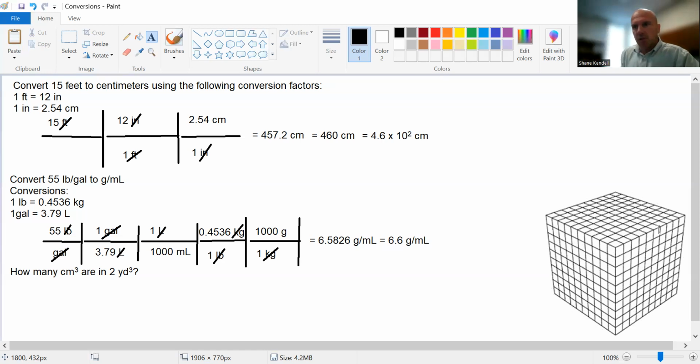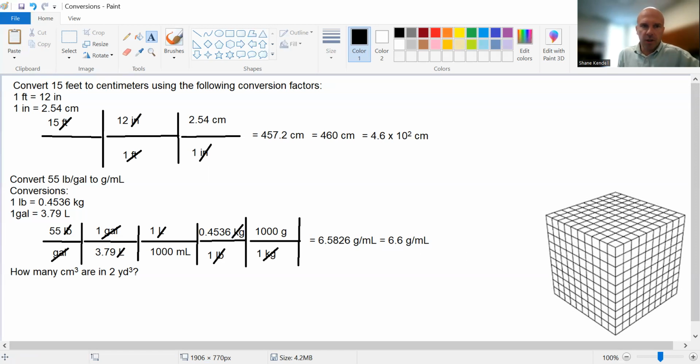The reason is because you can see with this cube that it would be 10 times 10 times 10, because we have our length, width, and height to consider. So this is obviously blown up, but if the overall cube was 1 cubic centimeter, it would have 1,000 cubic millimeters, for instance.